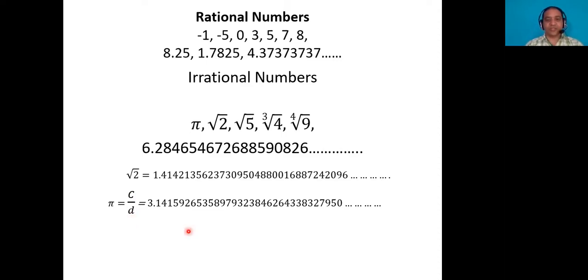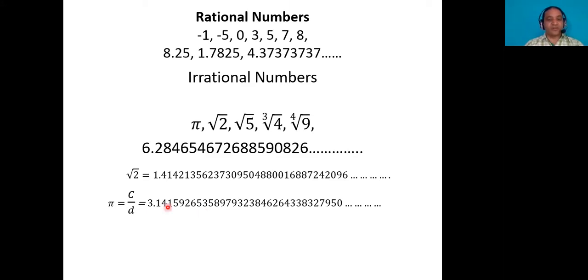So what do the scientists do in order to find the value of pi? They draw a very big circle and find the circumference of that, then divide it by the diameter. They do this practice through computers also, and they try to get a more and more accurate value of pi.